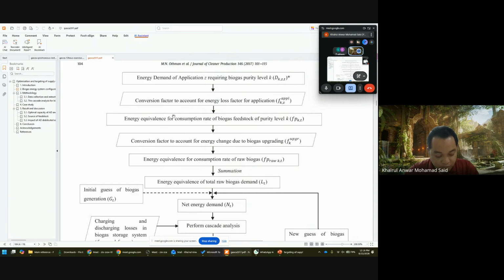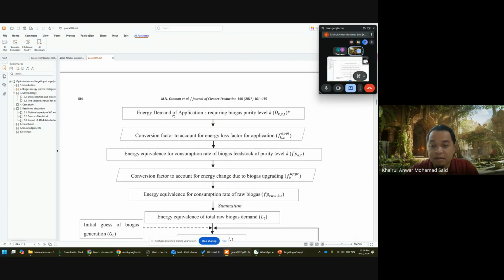For the overview of the GASCA, it started from here. Energy demand of the application set requires the gas quality level K, then the conversion factor.